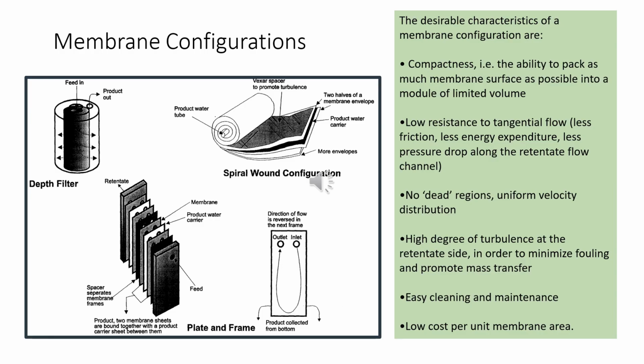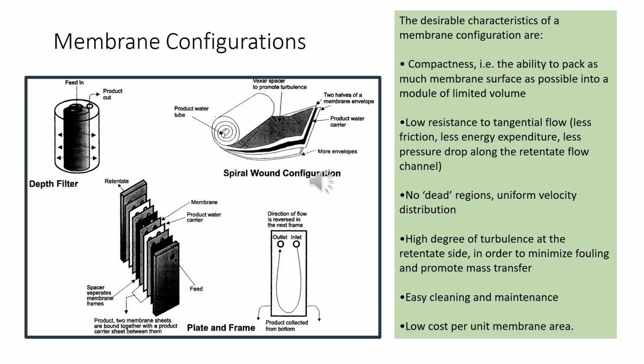So the desirable characteristics of a membrane configuration are, first, compactness: the ability to pack as much membrane surface as possible into a module of limited volume. And secondly, low resistance to tangential flow: less friction, less energy expenditure, less pressure drop along the retentate flow channel.